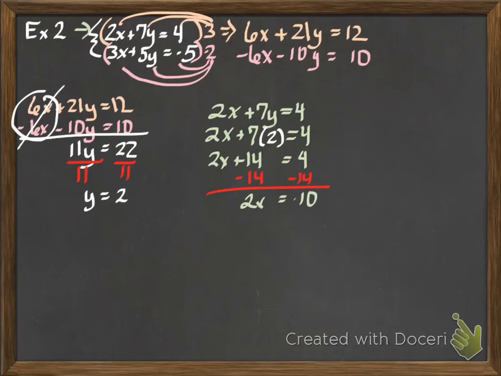I am now going to divide by 2 on both sides. And so I have that negative 10 divided by 2 is going to give me a negative 5. 2x divided by 2 is going to be x. So my solution is negative 5, comma, 2. And all I'm doing is putting them in order x, y.